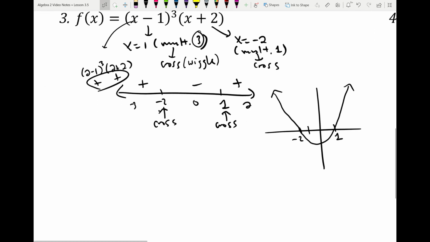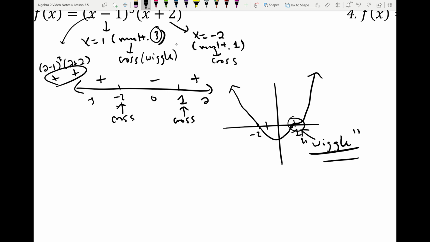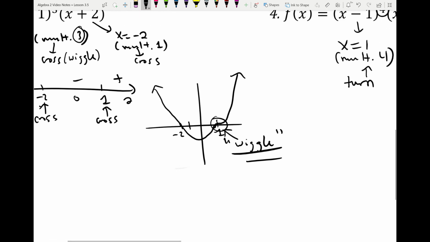So for the previous problem, if it's 3, it does cross, but it does kind of like a wiggle pattern. Not that it really changes that much, but it looks very different from a normal crossing. So just so that you know, it does cross, but it does sort of like a wiggle.